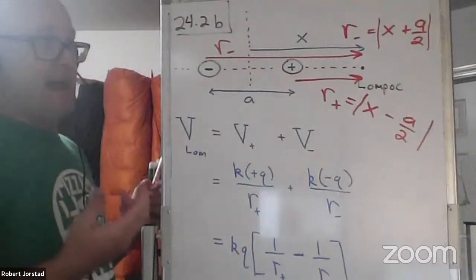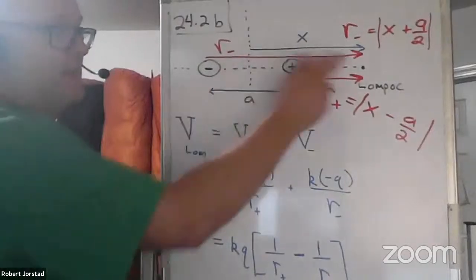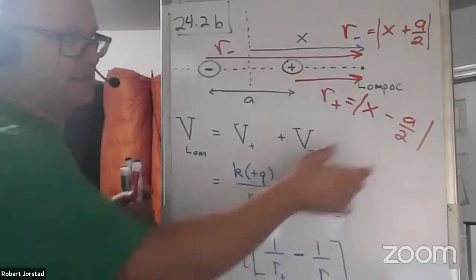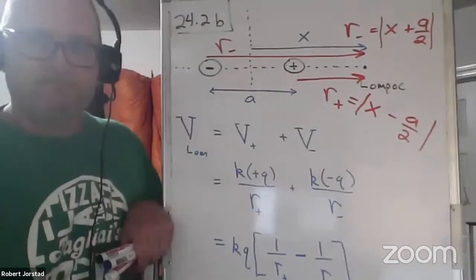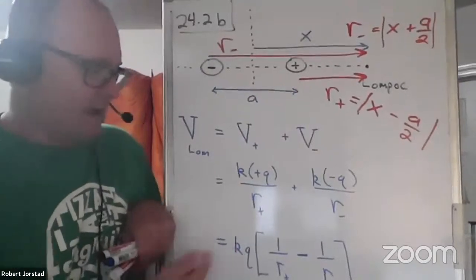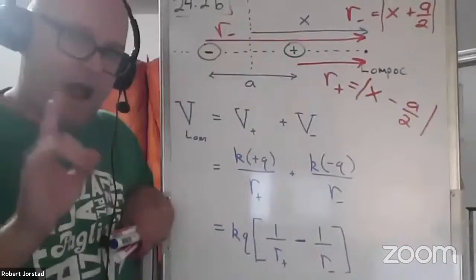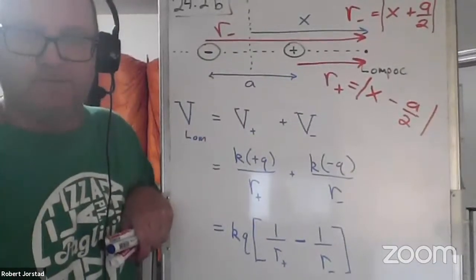Now, because if we put these absolute values on there, this is not only valid for Lompoc, it's valid for any X on the X axis. So that's the advantage of the absolute values. All right. Now, from there, I think you agree you could plug in some stuff and get an answer. I want to point out a couple of things, and I'm going to go to the solutions here to speed things up. All right.